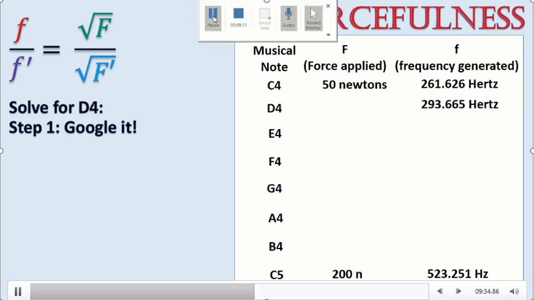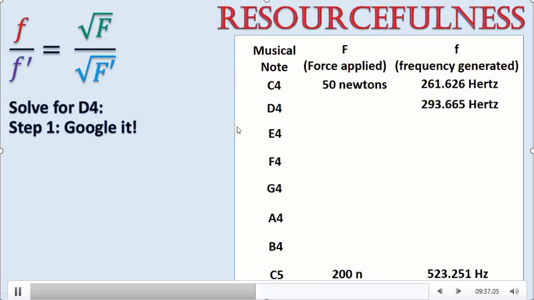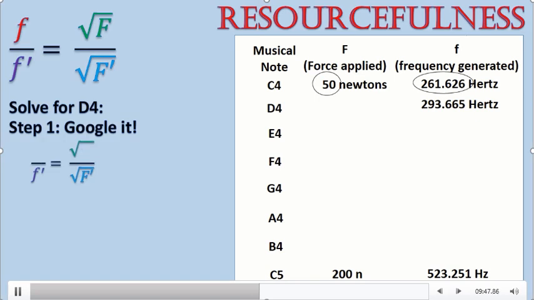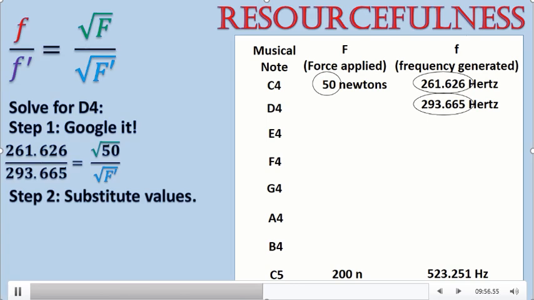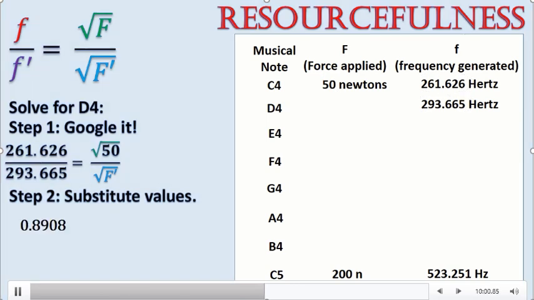Substitute the values in the formula. Solving for the applied force, we divide 261.626 by 293.665 to get 0.8908. By transposition, we have the square root of F equal to 7.07 over 0.8908.